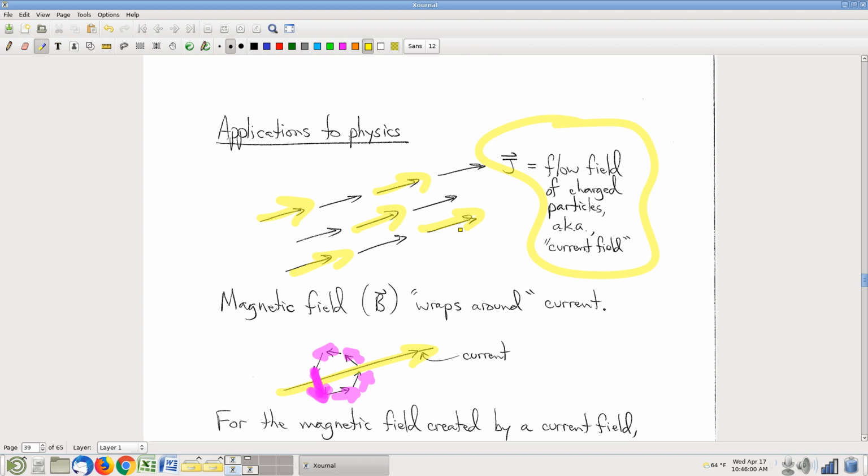So this flow that we represent with a vector field, we call the flow field of charged particles. Sometimes this is called the current field.